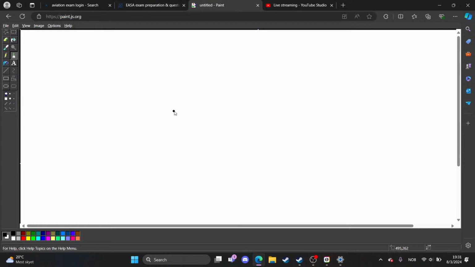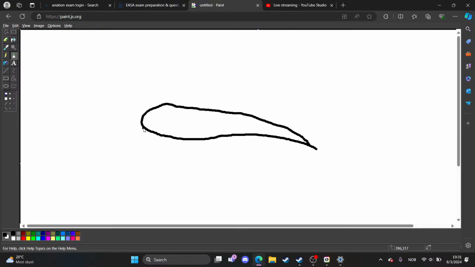All right, let's try to draw a wing here. That's my wing. So with an upward, I need to get rid of this. Oh my god, this is going to take forever.